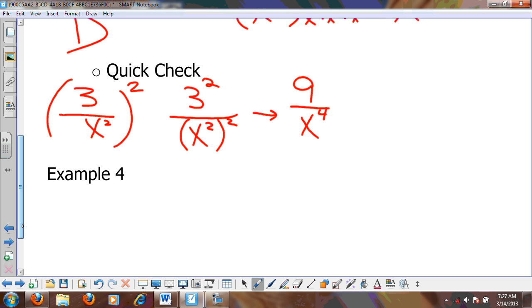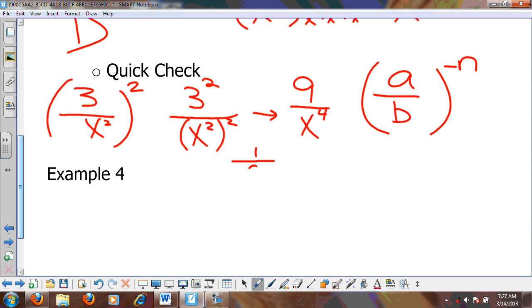What happens if I have a over b to a negative exponent? Okay? Well, you need to realize that, let's walk through these steps so you can see how it ends up. It means it's 1 over a over b to the n power, okay?